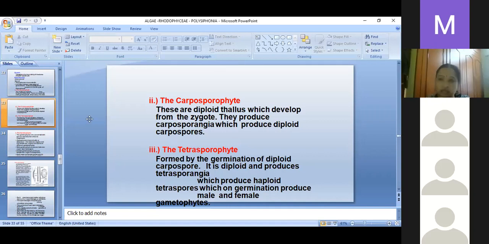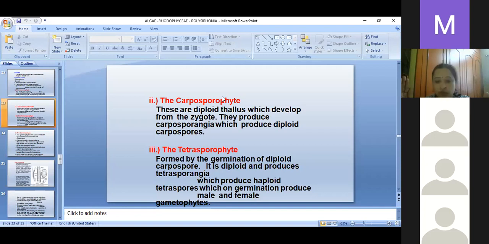That is the first stage. The second stage is called the carposporophyte. Carposporophyte and tetrasporophyte are both diploid, developed from the zygote. The male and female gametes fuse to form the zygote, and the zygote produces the carposporophyte.